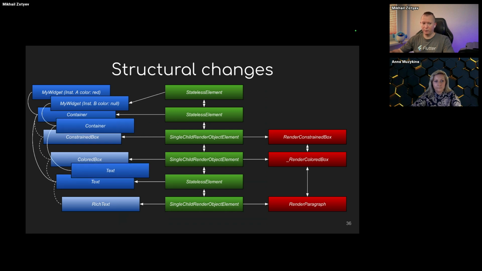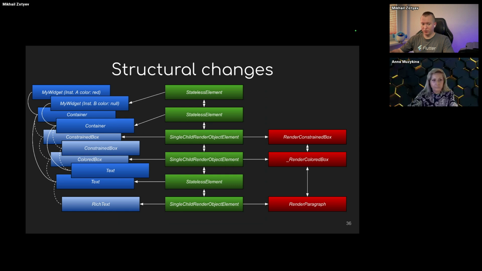We can update, build the subtree, and again we can update and need to build the subtree. And then, because of the property change, the container calculated the subtree a bit differently. So we have, instead of constrained box and colored box, only constrained box.